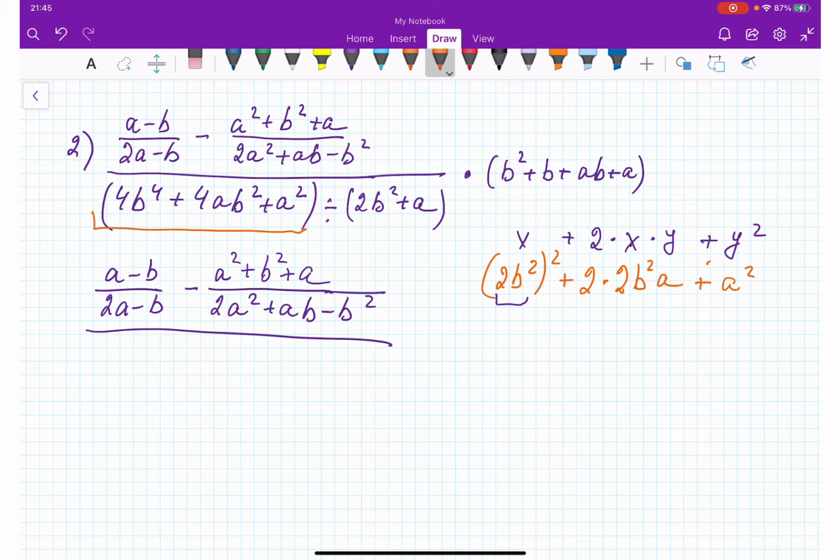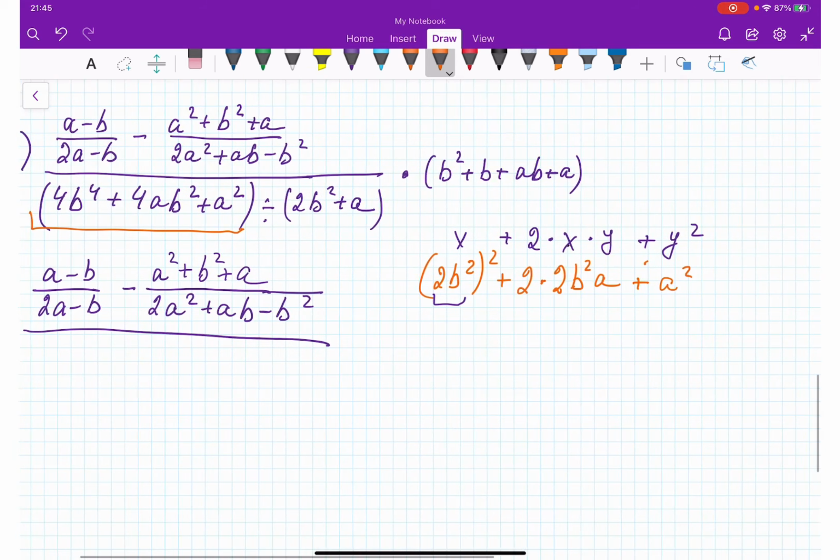So from here, this is going to be equal to (x plus y) squared. It's x squared. And here we get 2b squared plus a squared. Okay?